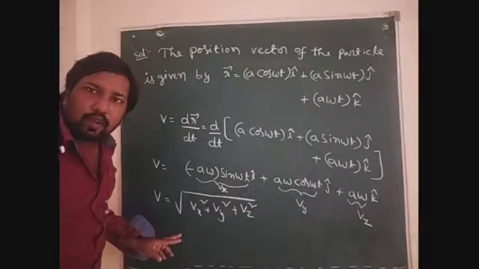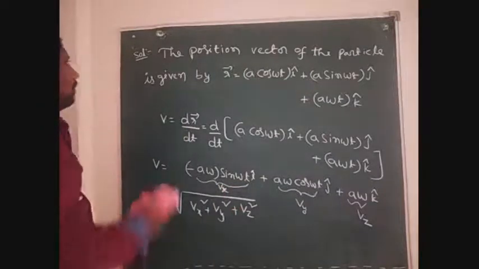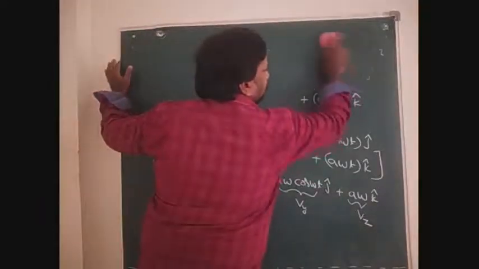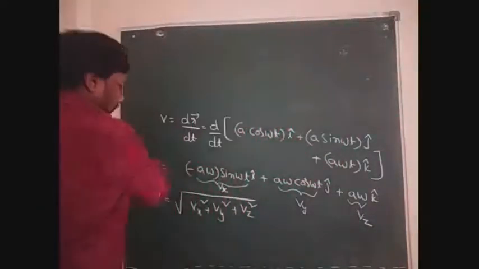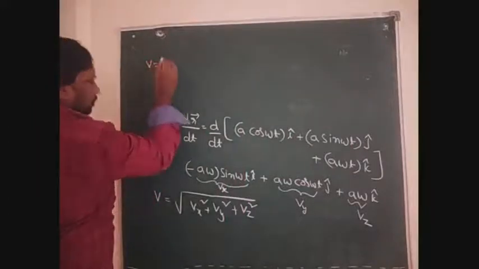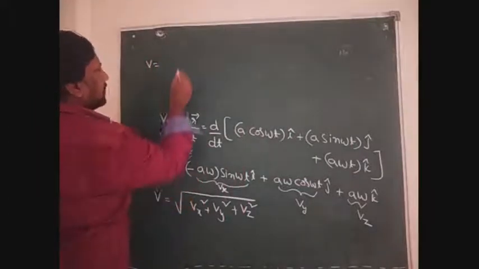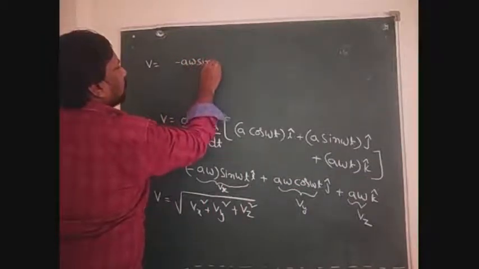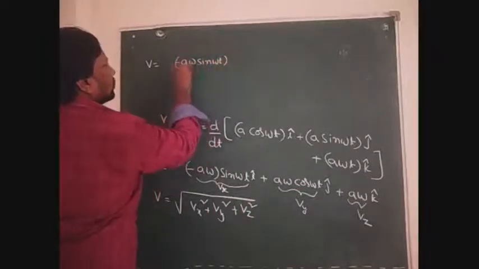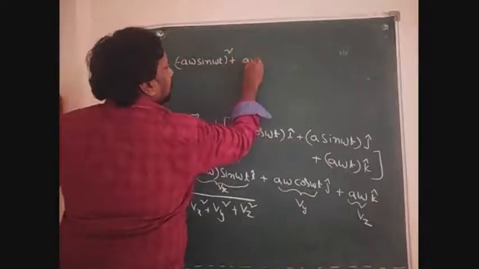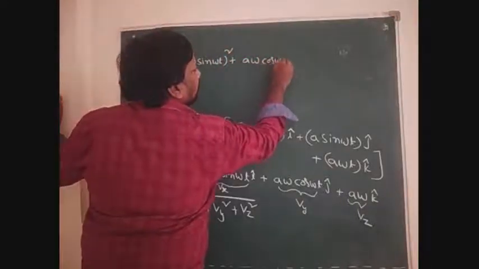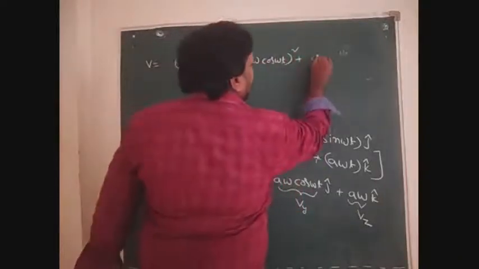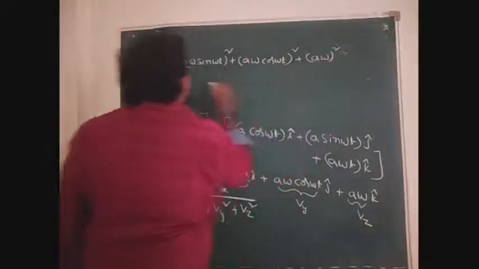Now we find the magnitude of v bar. So v equal to root over minus a omega sin omega t whole square plus a omega cos omega t whole square plus a omega whole square.